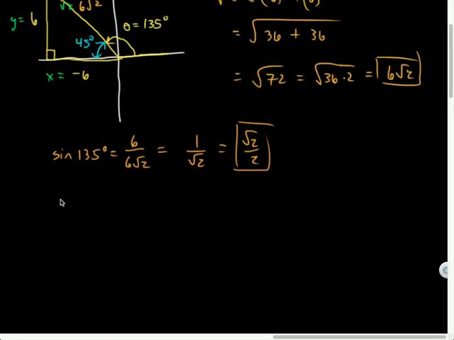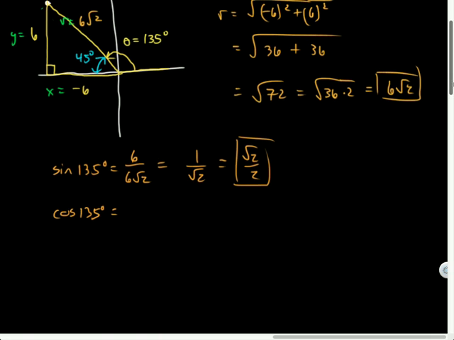Right. Cosine of 135. Actually, if you wanted, you could even rewrite these in terms of the reference angles first, but you don't have to. It would be adjacent over hypotenuse, so that's negative 6 over 6 square root of 2. So the 6s cancel out, that's negative 1 over the square root of 2, or negative rad 2 over 2.